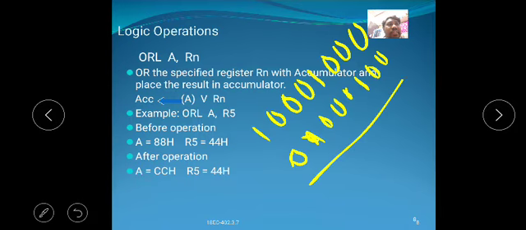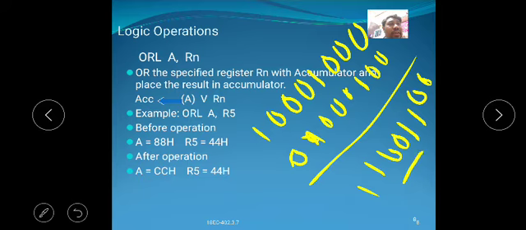Then this is the OR operation. If any one of the inputs is high, the resultant will be high. The result is 1100 1100. Here 8 plus 4 is 12, and 12 means C, so it is CCH.